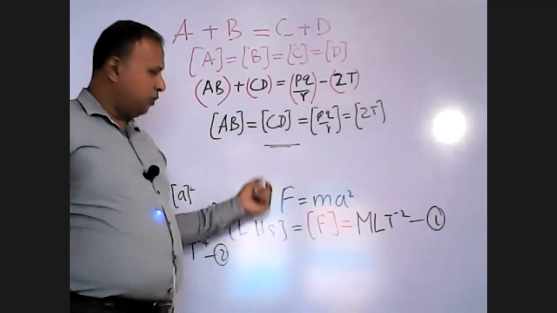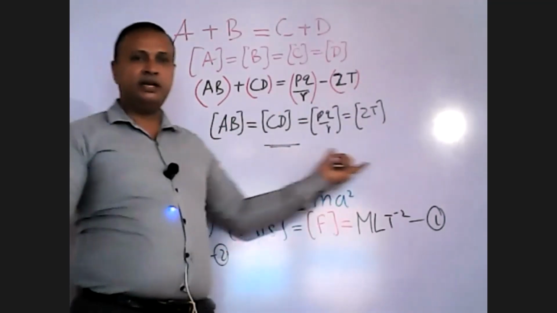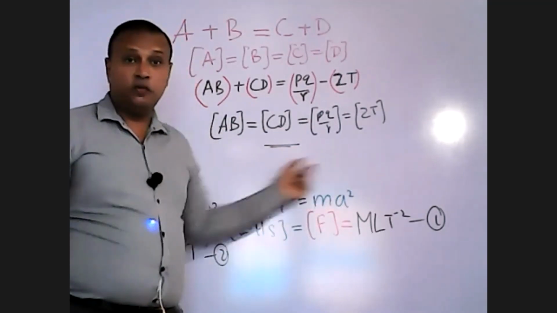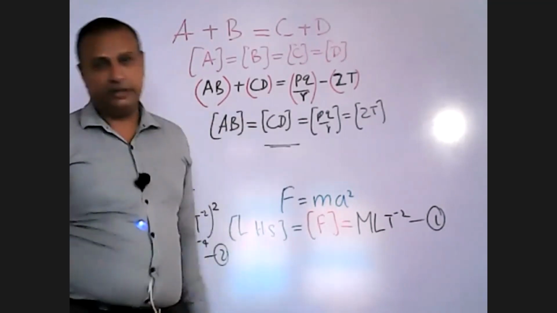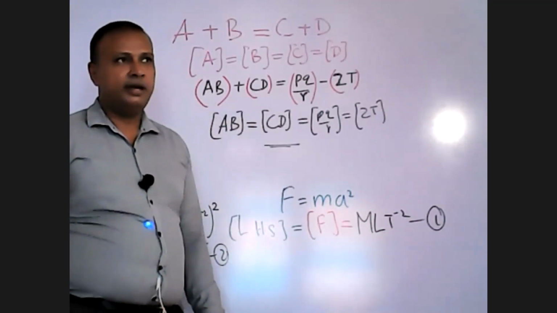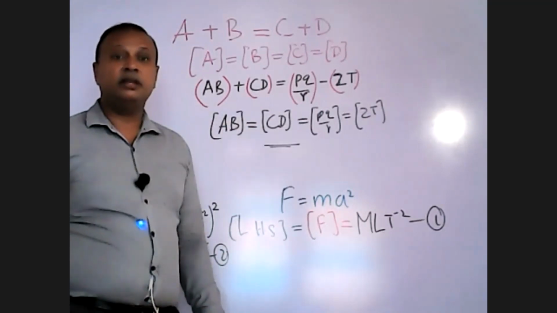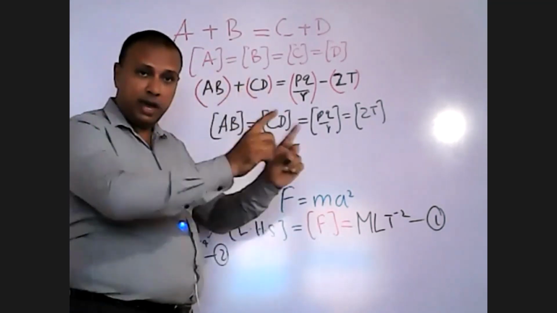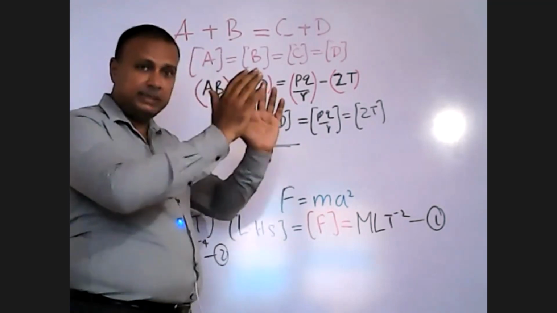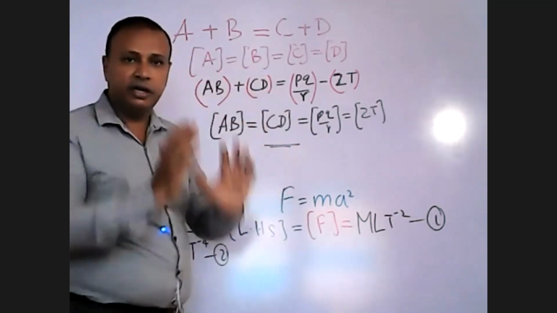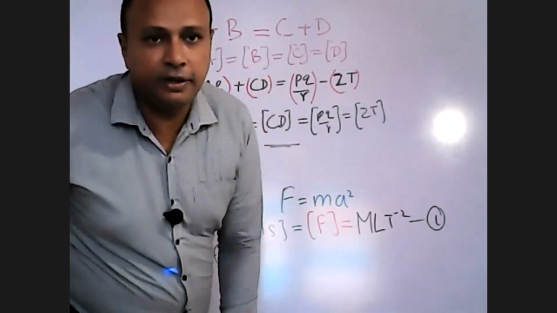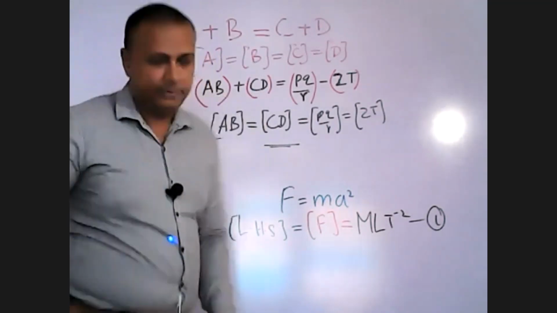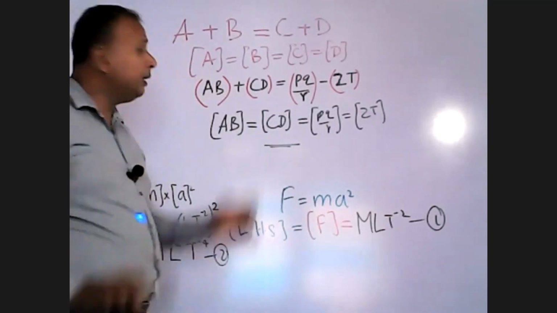That means force is a physical quantity, and time is a different physical quantity. The product of these 2 physical quantities is another physical quantity. Then we determined velocity. Velocity means length over time. Length is a physical quantity, and time is another different physical quantity. I will explain that one.